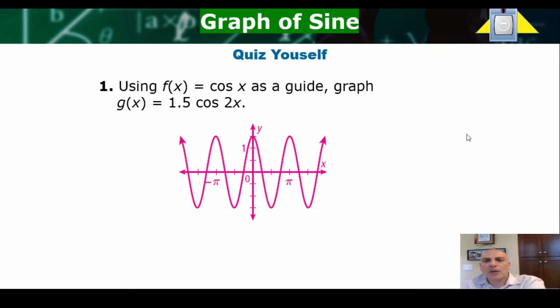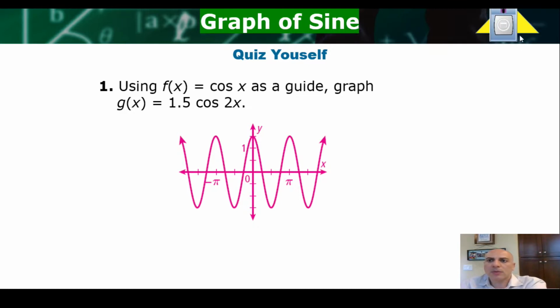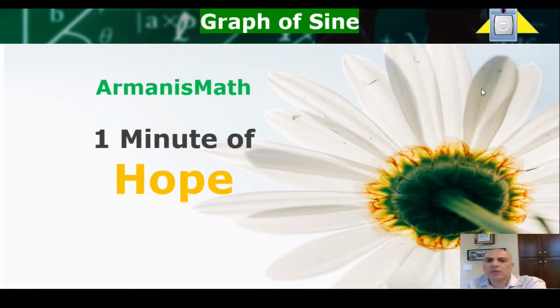All right. Last minute. Here we're going to be, as always, 1 minute of Over with Armani, and this is the time where we not just discuss our feelings, because we don't discuss the feelings here, but we share hope. There is always hope. No matter what we're going through, there's always hope. As long as we have breath in our nostrils, there's always hope.